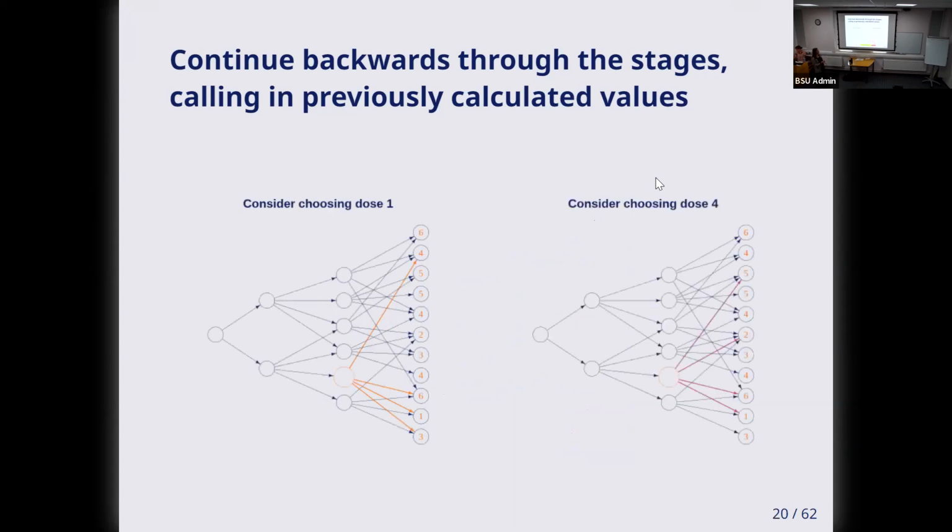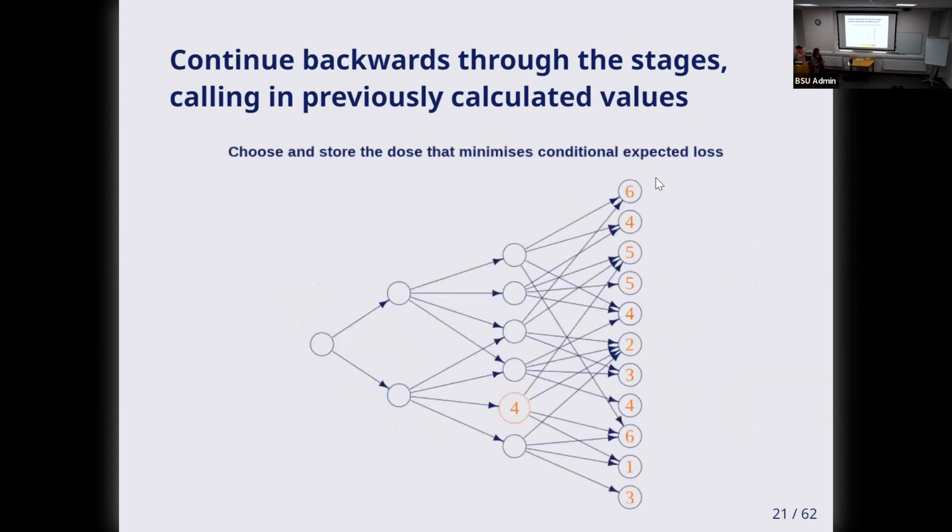Suppose instead we considered choosing dose 4, there'd be some different states that we could move to. Again, we take the weighted average and we do a calculation of this type for each of the possible choices of dose, so 1 through to 6, and then choose the one that minimizes that posterior expected loss, conditional on proceeding optimally, and fill in that gap.